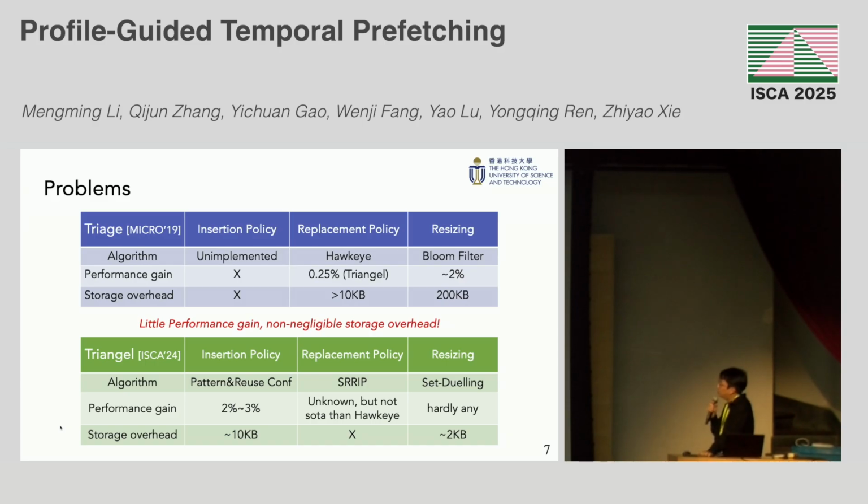For example, Triage uses a state-of-the-art replacement policy from normal caches to manage the metadata table, but it only brings about 0.25% gain while introducing over 10 kilobytes of storage overhead. A similar trend occurs in other metadata management strategies like the insertion policy and resizing.